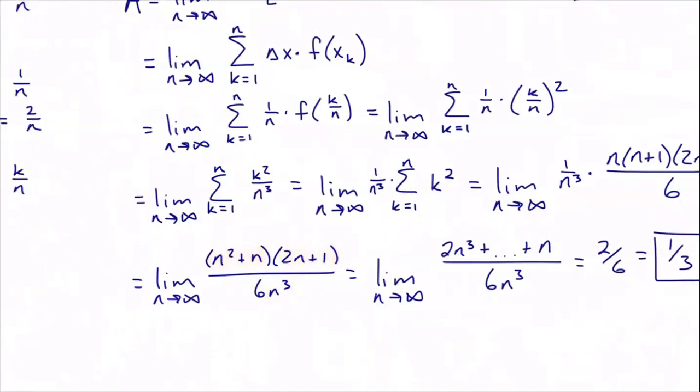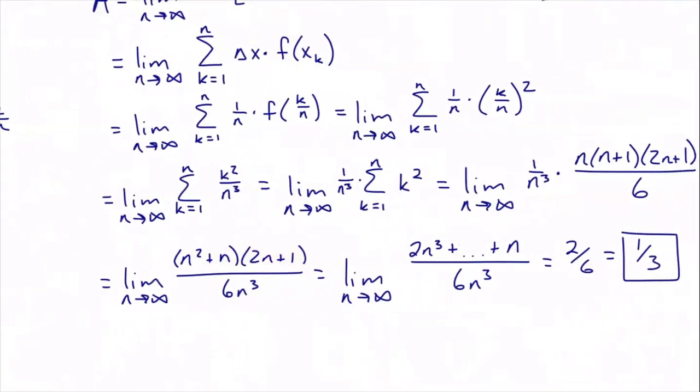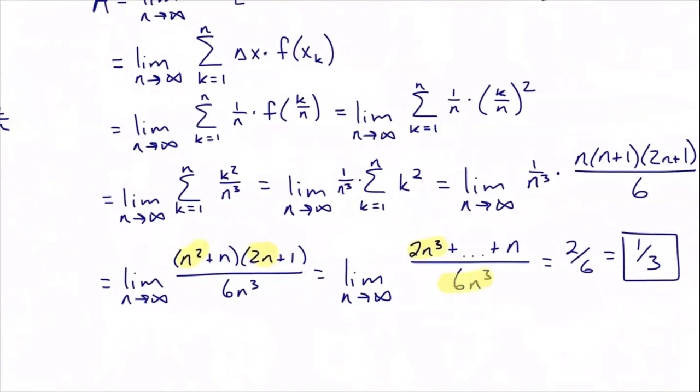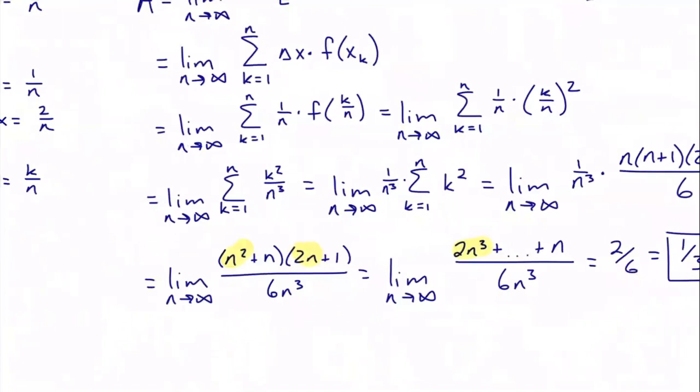Let's multiply these two binomials times each other. We have 2n cubed is our leading term over 6n cubed. I didn't bother to fill in the terms in the middle because it really doesn't matter. No term has got a larger degree than n cubed in my numerator. So this is already my lead term. I don't really need all the middle terms and the end terms.